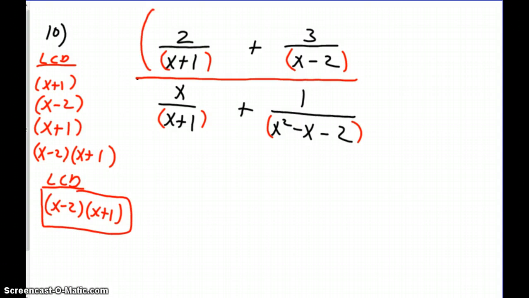Now what you have to do is multiply everything by that LCD.